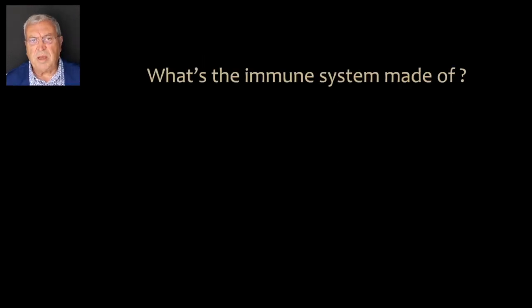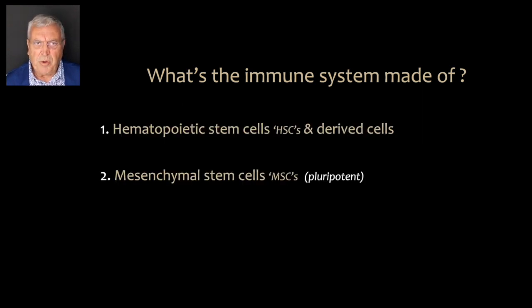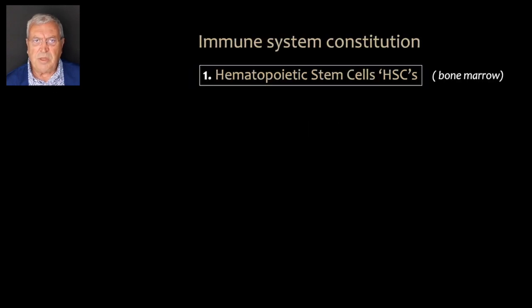What's the immune system made of? We have two kinds of cells: hematopoietic stem cells and mesenchymal stem cells. Hematopoietic stem cells are located in the bone marrow and they have one specific function.